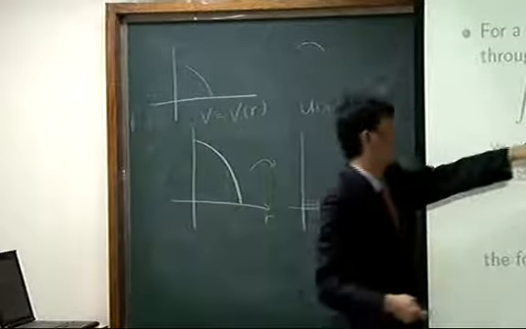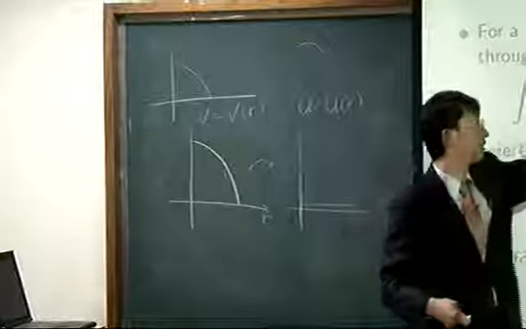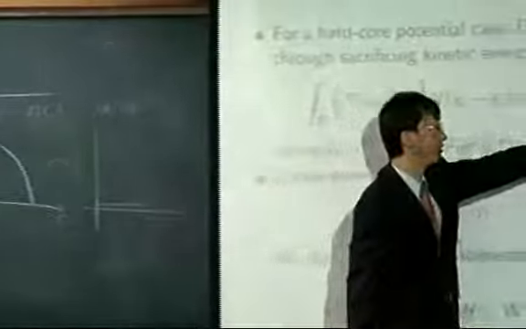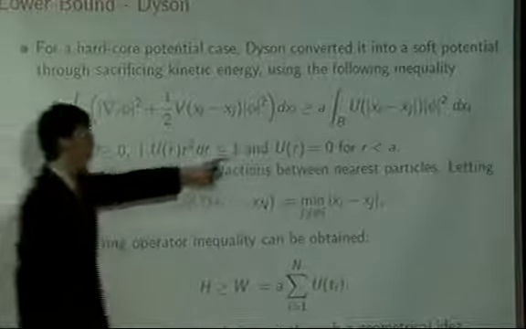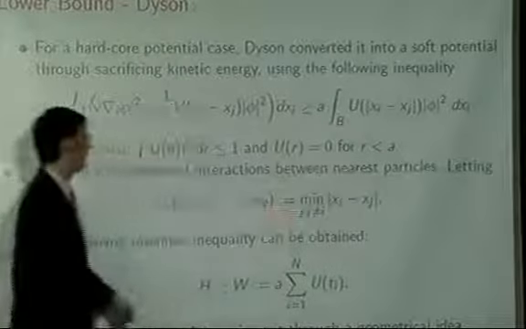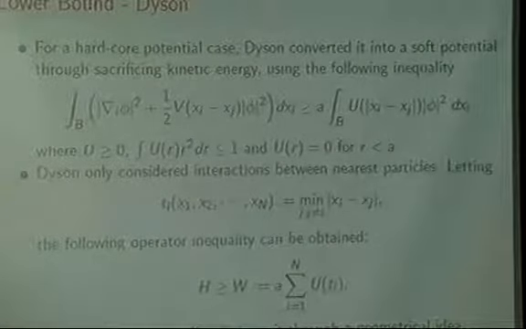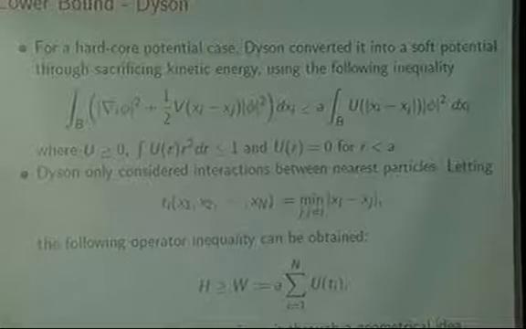So he just converted this into a different potential, like U, and he ignored all the calculation for this kinetic energy with the Laplacian or the gradient squared. Instead, he just used this different potential and minimized the potential by choosing the right coordinates.